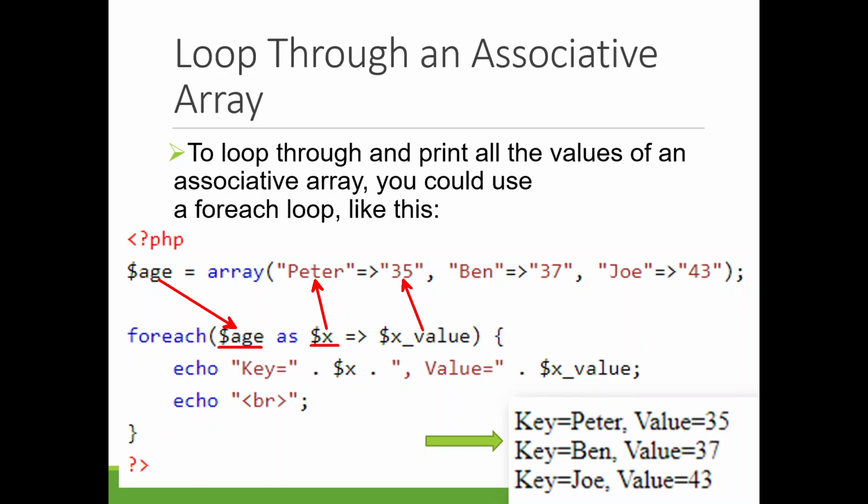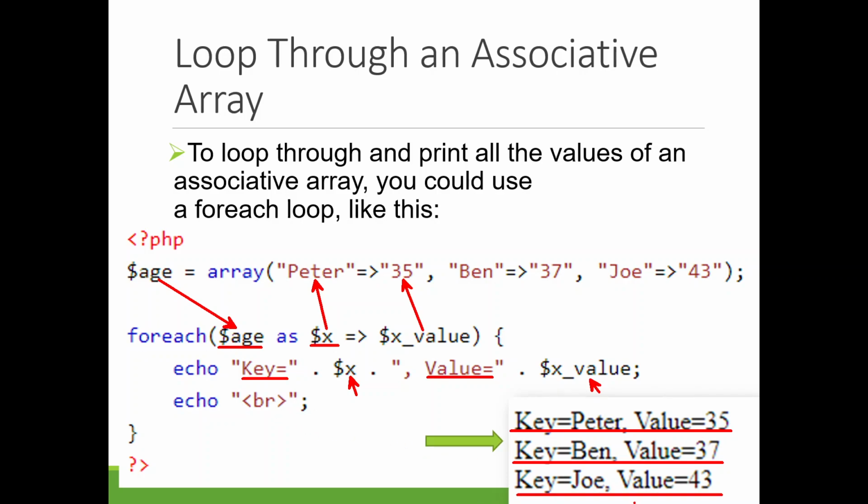So here we are echoing key x, value is equal to that, and therefore in the first loop it's going to print out that, in the second loop it's going to print out that, and in the third loop it's going to print out that.